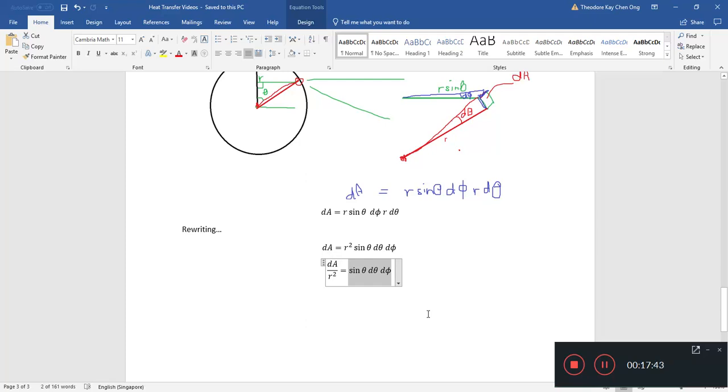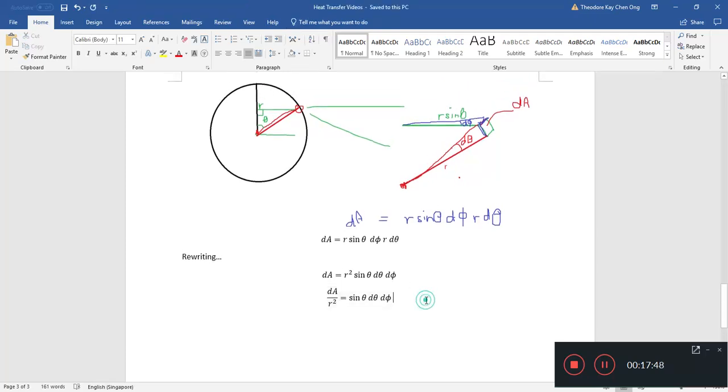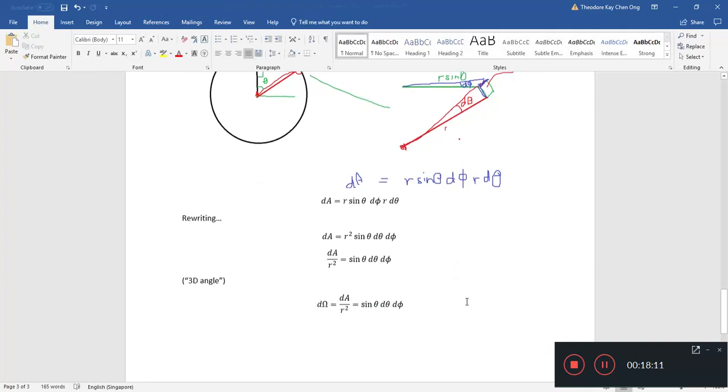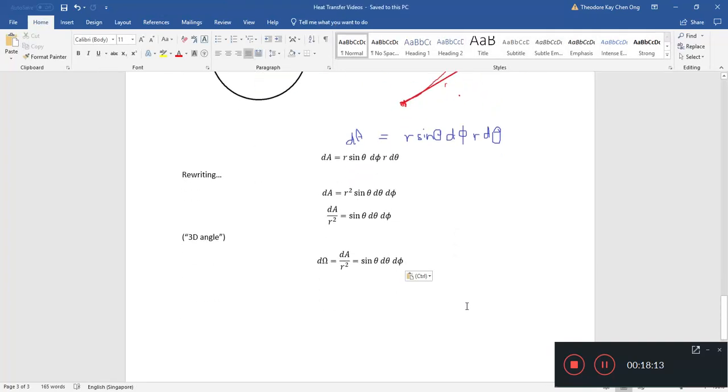This is our definition of solid angle. d omega, where omega is the term usually used for solid angle, equals dA over r squared, which equals sine theta d theta d phi.